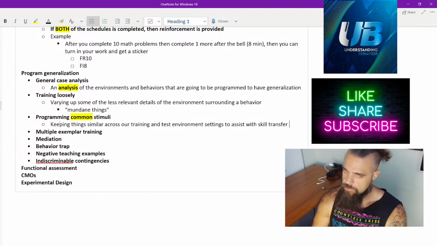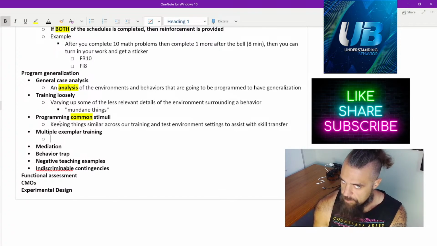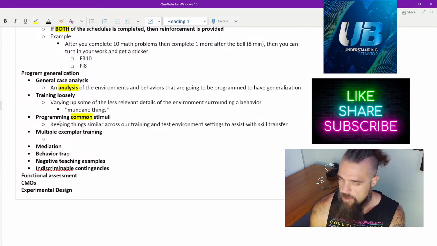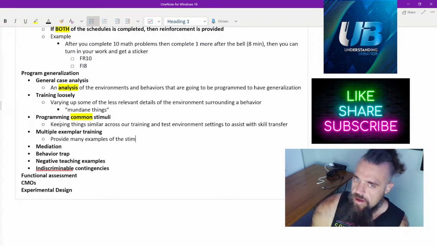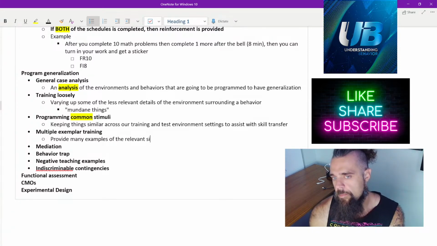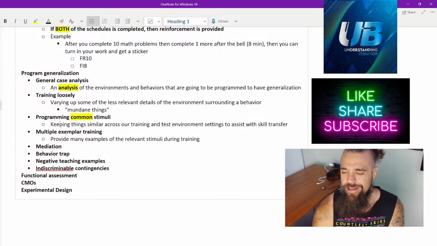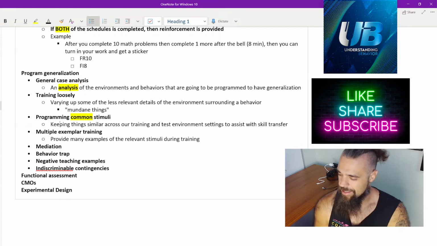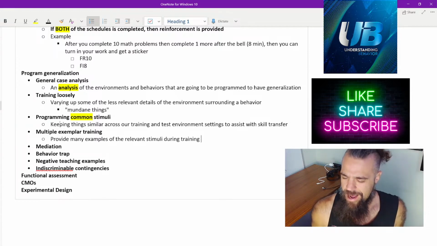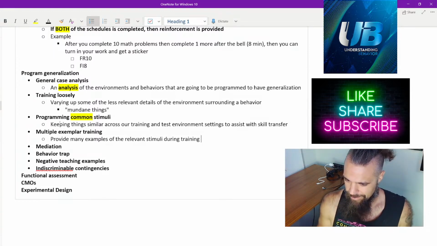Cool. Next one, multiple exemplar training. This is when we provide many examples of the relevant stimuli during training. Has anybody here ever been to a clinic doing a DTT program where it's "where's the tiger," and it's the same picture of the tiger they've been using for six months straight?